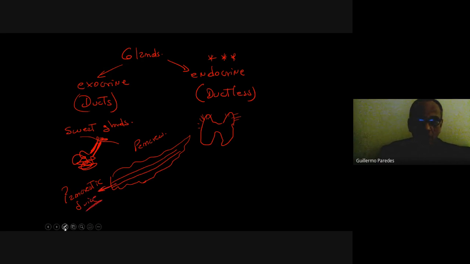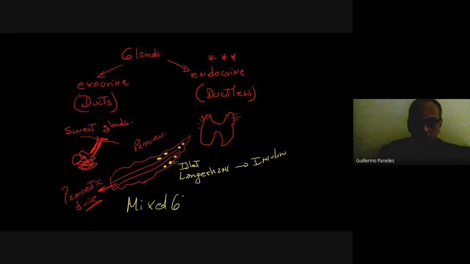And we have another area composed of islets, the islets of Langerhans, that are not connected with this duct, but directly release the substance into the bloodstream. And what are they doing? Producing insulin. So the pancreas is a mixed gland, in conclusion. So now you can tell the difference between endocrine and exocrine. You okay with that? Okay.